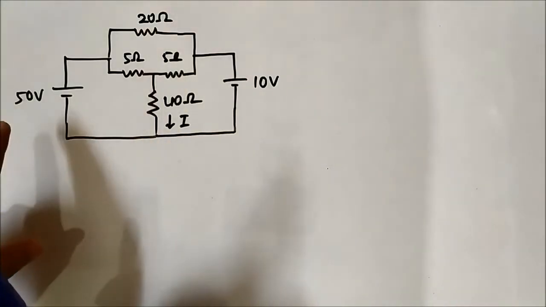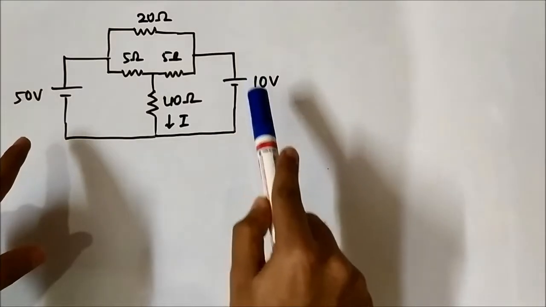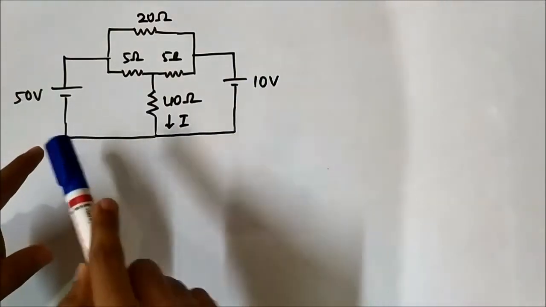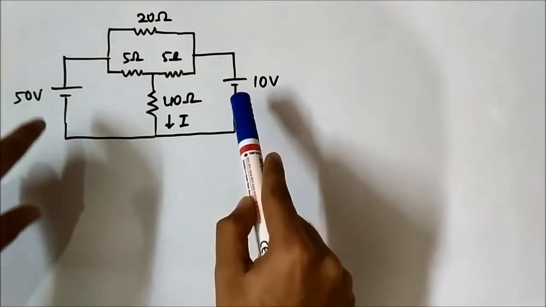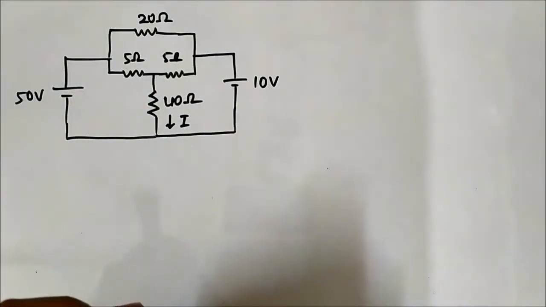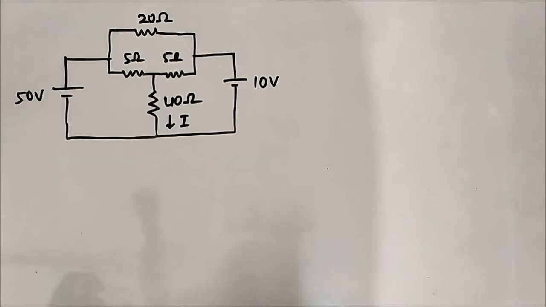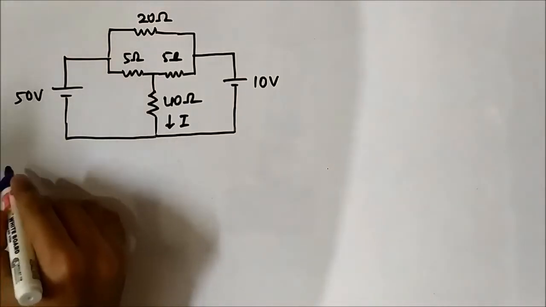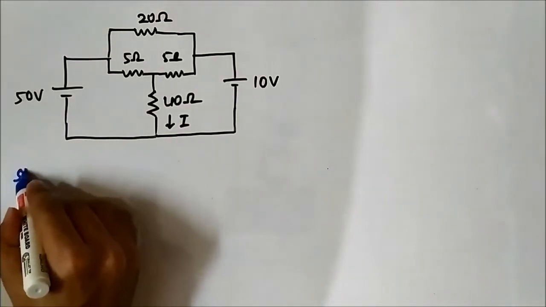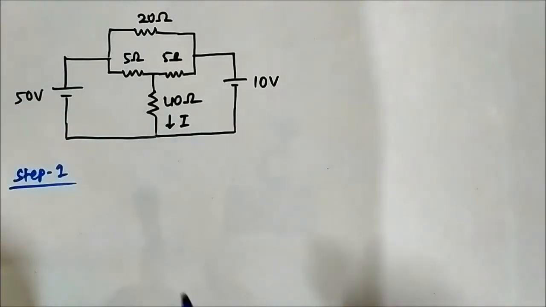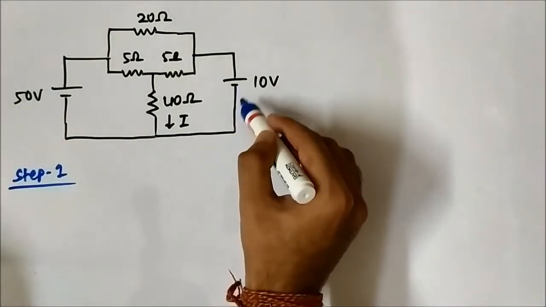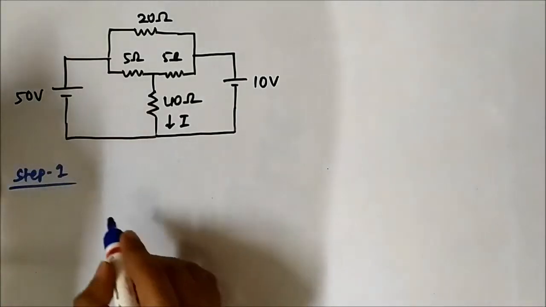First we have to consider the 50 volt voltage source and short circuit the 10 volt voltage source. Then we have to consider the 10 volt voltage source and short circuit the 50 volt voltage source. So first, step 1, we are going to consider the 50 volt voltage source, short circuiting the 10 volt voltage source.